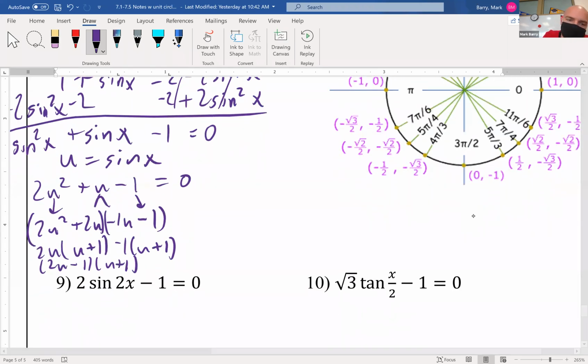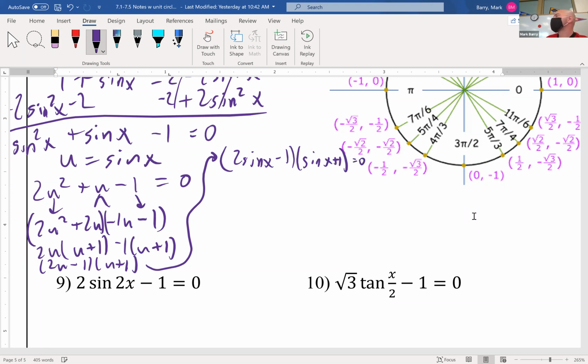All right. But let's remember, we weren't talking about u, we were talking about sine. So this is really 2 sine x minus 1 times sine x plus 1 equals 0.